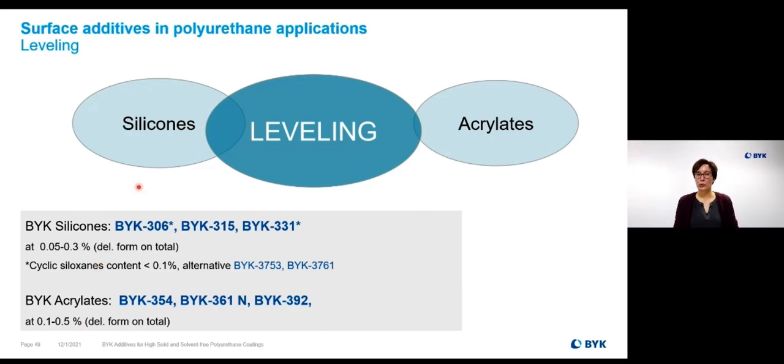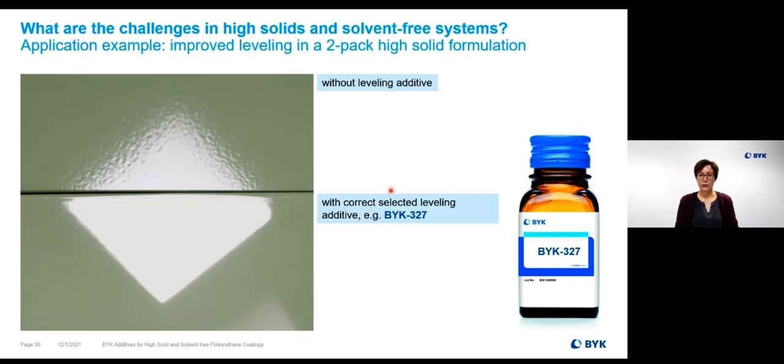I would like to show you some examples of our newest developments. I would like to start with the BYK 327. 327 gives you an improved leveling, especially in 2-pack high solid formulations. Here you see two pictures of a polyaspartic. It was in that case not a normal polyurethane, it was a polyaspartic system.